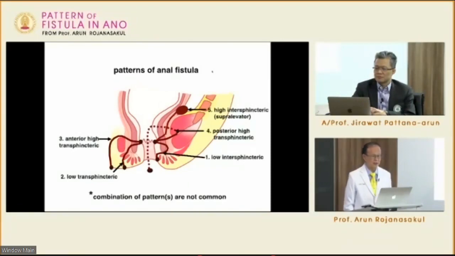But if you look very closely, it continues to the dentate line in many cases too. This is very strange, and I cannot explain why. Sometimes the internal opening is at the anoderm, which is against the cryptoglandular theory. But that's the nature.